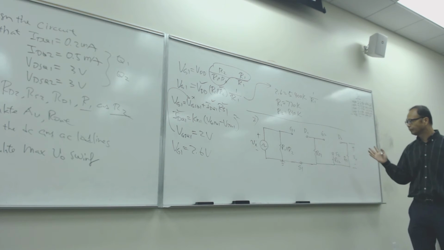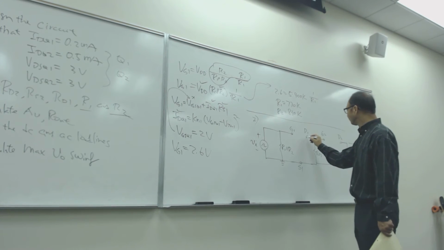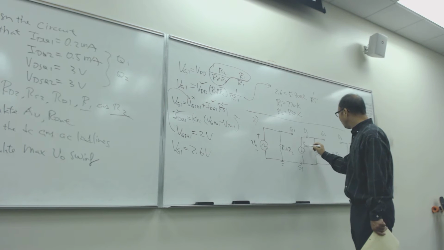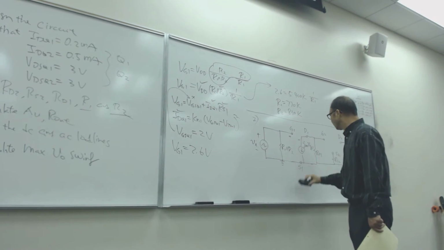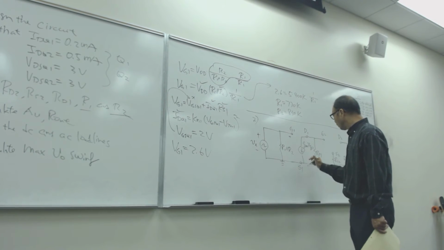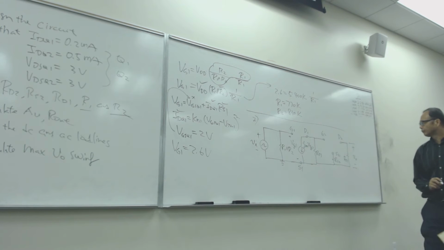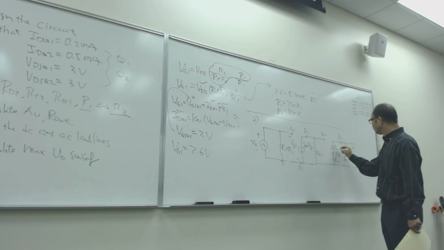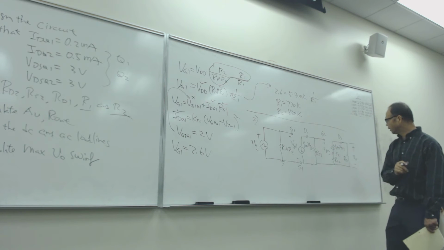Yep. That's it. Now I put in the model. GM1 VGS1, plus minus VGS1, right? This one, GM2 VGS2, so this is VGS2, yes?